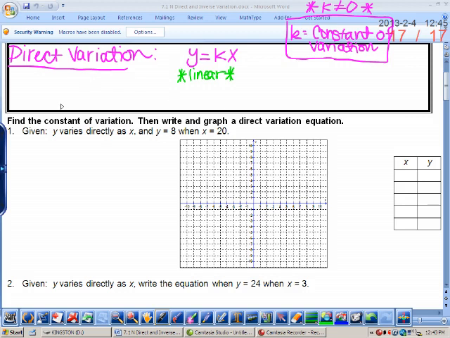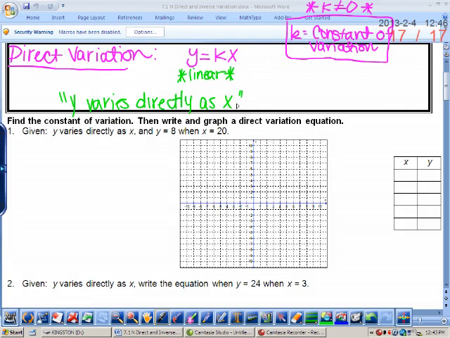The way you'll see this in a problem, or the way you read this, is y varies directly as x. All right, so look at 1.